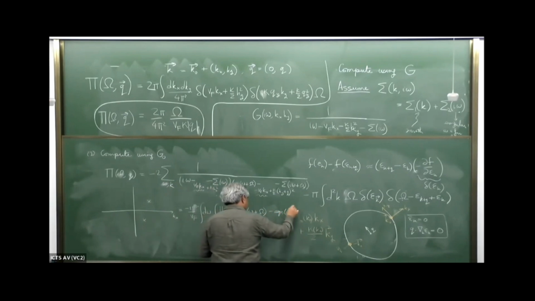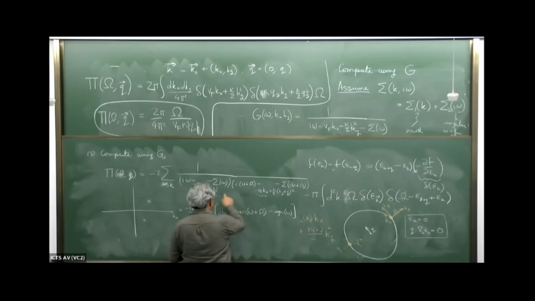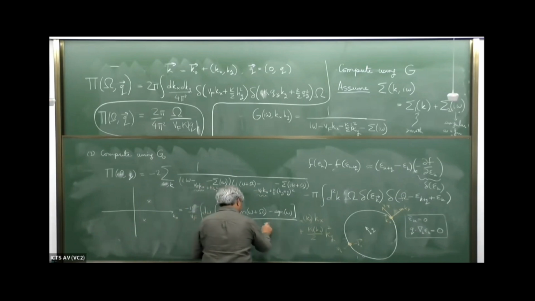So that's required for the poles to be in the opposite half planes. And the sign of sigma is the same as sign of omega, divided by i omega plus sigma of i omega minus sigma of i omega plus omega, minus kappa over 2 q_y squared minus kappa q_y k_y. Okay.